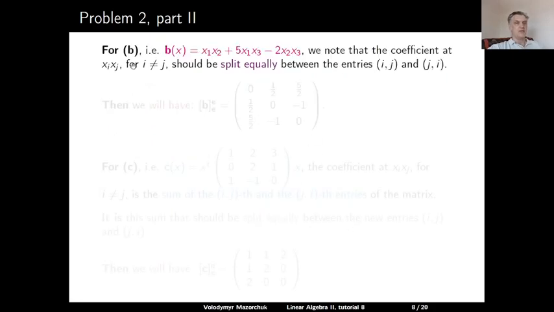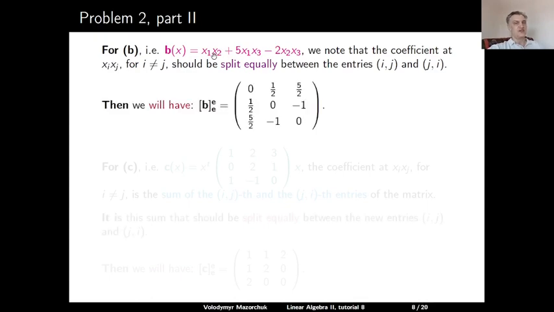For part B, we have the form x1 x2 plus 5 x1 x3 minus 2 x2 x3. So we should take the coefficient at x1 x2, and in order to write the symmetric matrix, we should split this coefficient into halves. And then write these equal halves of this coefficient in the entries i, j and j, i of our matrix.